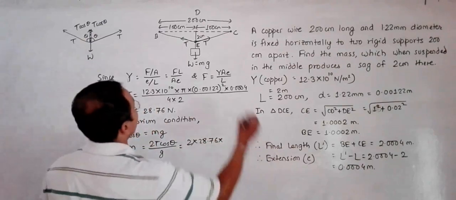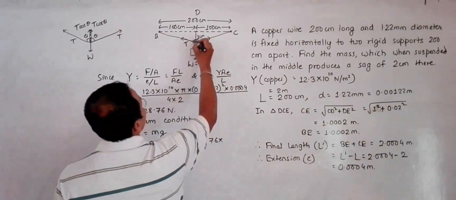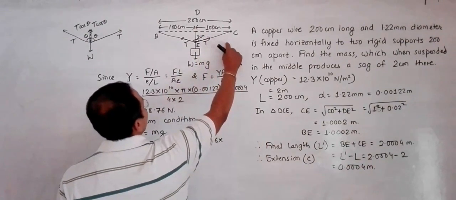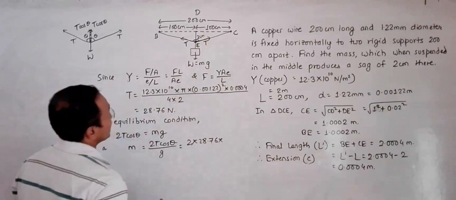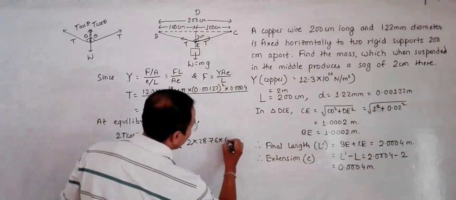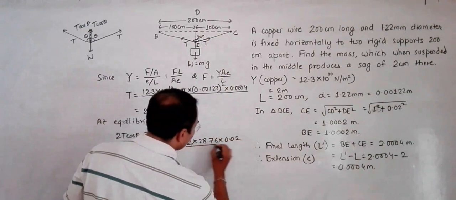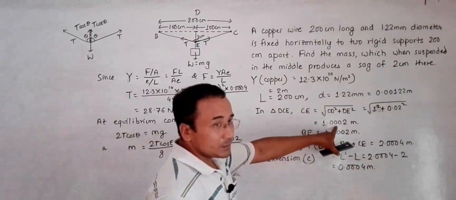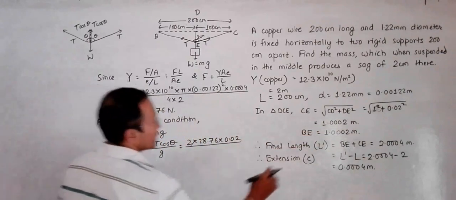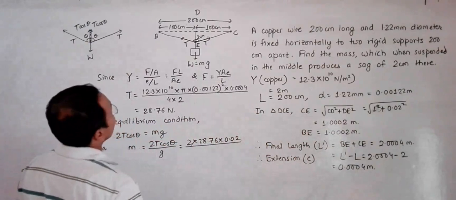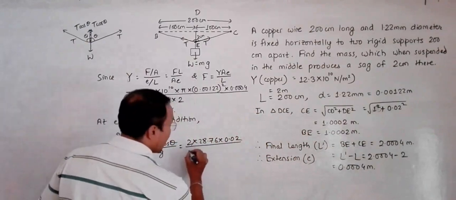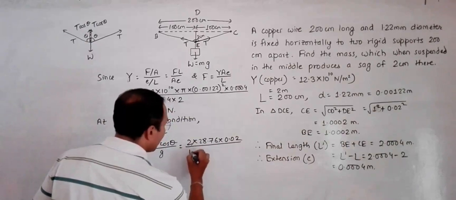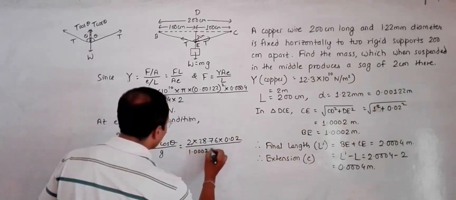Cos theta is base by hypotenuse. The base is 2 cm, which is 0.02, and the hypotenuse is what we have just obtained, 1.0002.